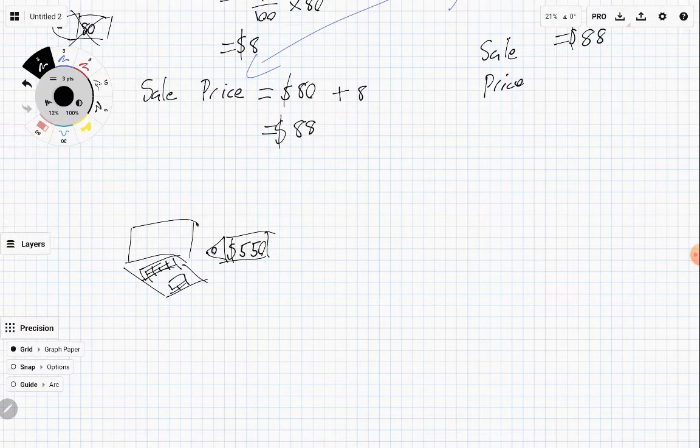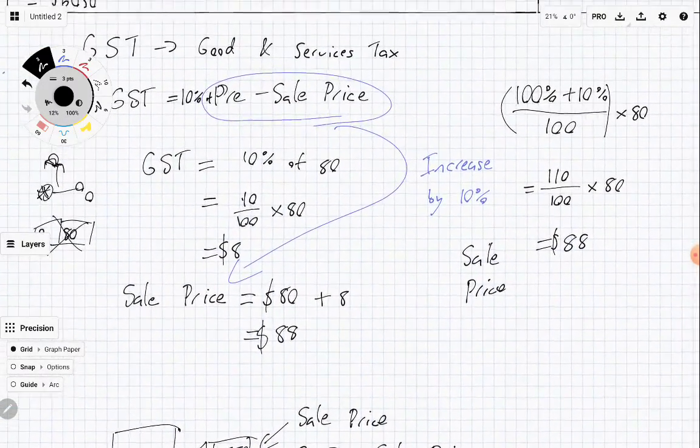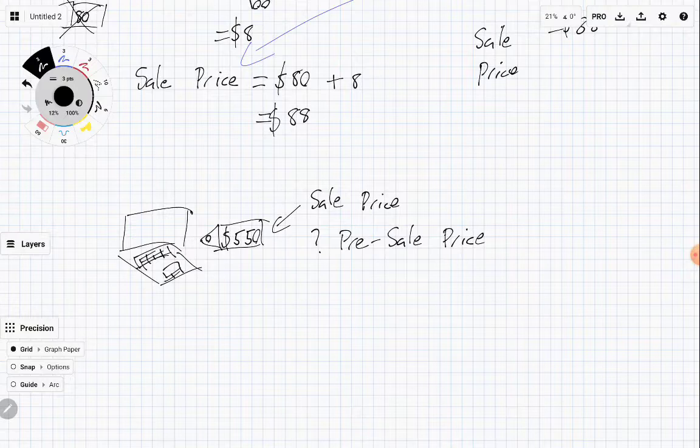Because if you go into JB Hi-Fi and you buy a laptop, it's probably going to be a nice amount of money, $549.95, something like that. So what they actually do is work out the price they want to work at, and then work backwards. So the question, if this is the sale price, what was the pre-sale price? But we just worked out how to go straight from the pre-sale price to the sale price. Multiply by 110%.